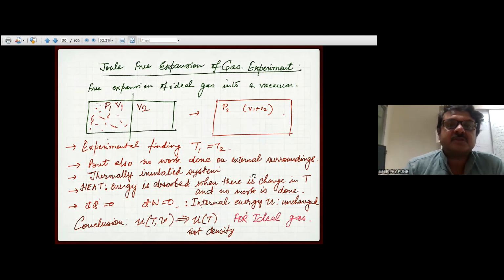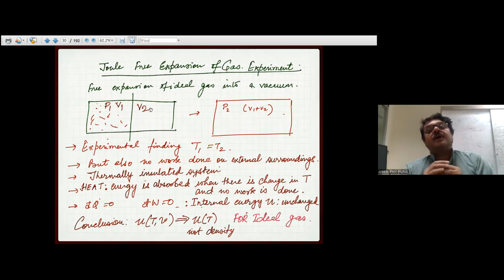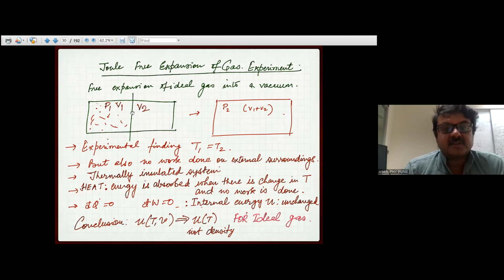So Joule also did a free expansion of gas experiment, right? And so what he had is a box of gas connected by another box where you had vacuum of volume V2. And when this separation, whatever plate that separated the two boxes, was removed, this gas occupied the bigger box, so the volume became V1 plus V2.